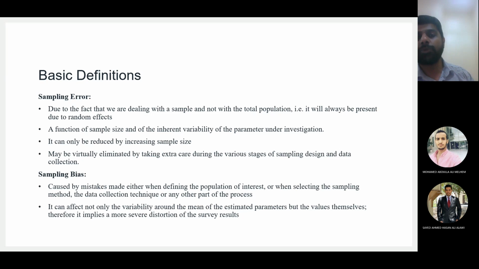So sampling bias will affect the values as well as the variability in the values, and it is considered to be a bigger problem than sampling error. Sampling error, like I said, you cannot avoid it, but sampling bias should not be there. Sampling bias means that you made a mistake. So you can see they are using different words here. Error cannot be avoided, mistake should be avoided.